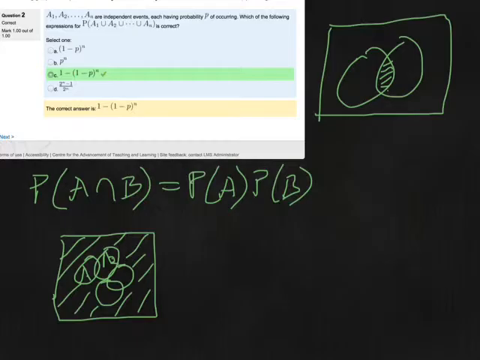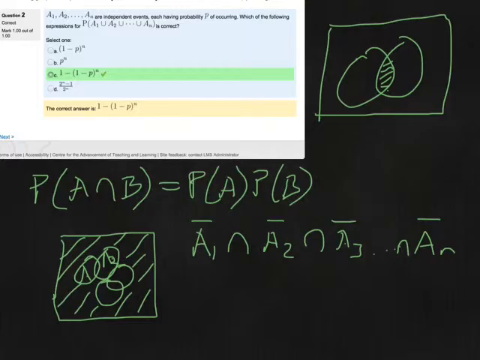And what you see is, if you're looking at that area, suddenly it becomes a bit easier when I write this out. That area is equivalent of not A1 intersect with not A2, intersect not A3, dot dot dot, intersect not AN.